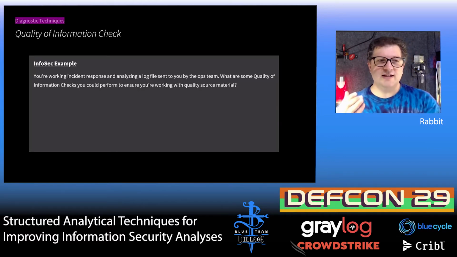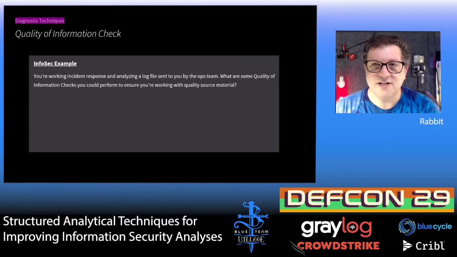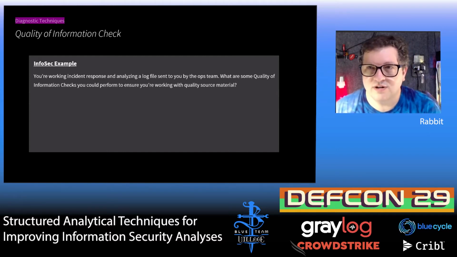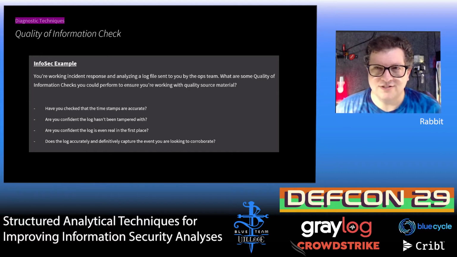An information security example: you're working incident response and analyzing a log file sent to you by an ops team. What are some quality of information checks you could do to make sure you're working with quality source material? Well, you might check that the timestamps are accurate. They probably aren't. Are you confident that the log hasn't been tampered with? Is there some mechanism you can use to prove that it has some veracity to it?